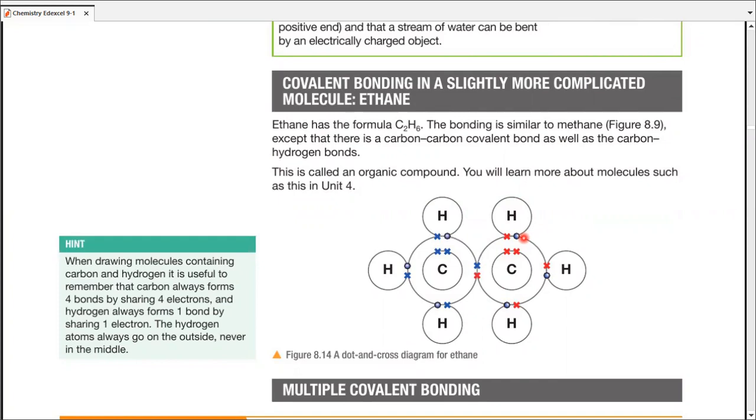So what you can see in front of yourself is that the whole structure has shared electrons, so much so that all the hydrogens complete their duplets, 2 electrons in their outermost shell, and all the carbon atoms complete their octet.